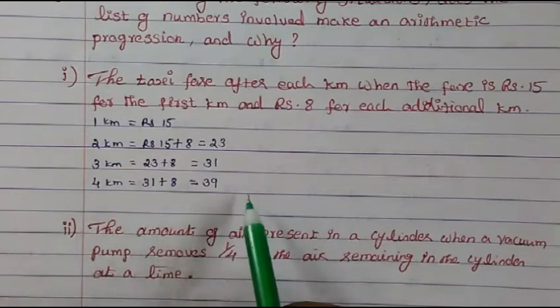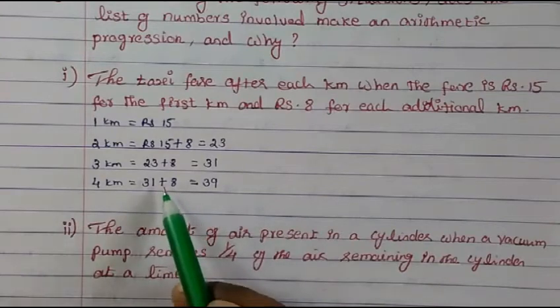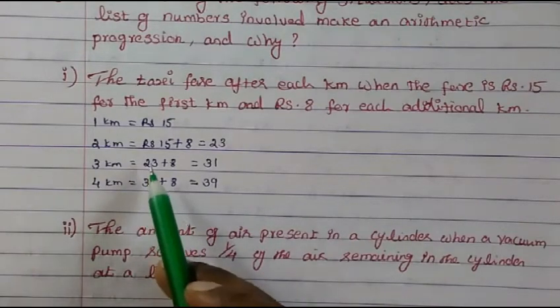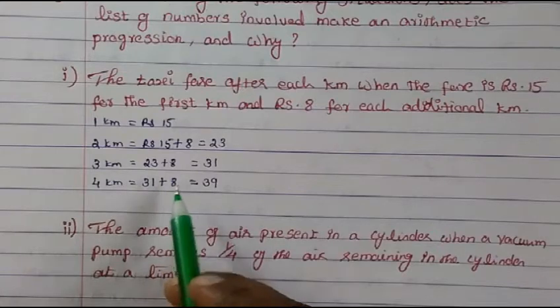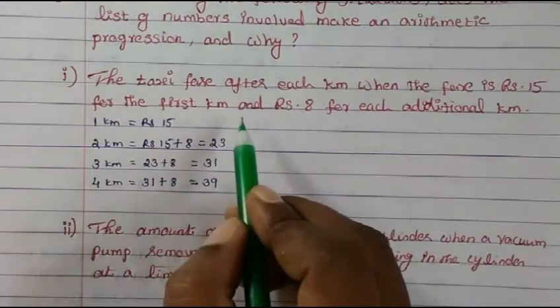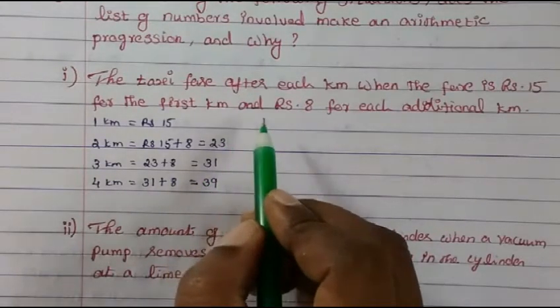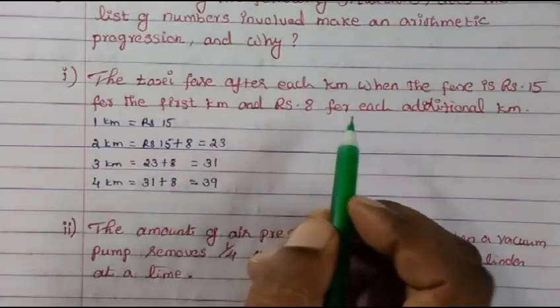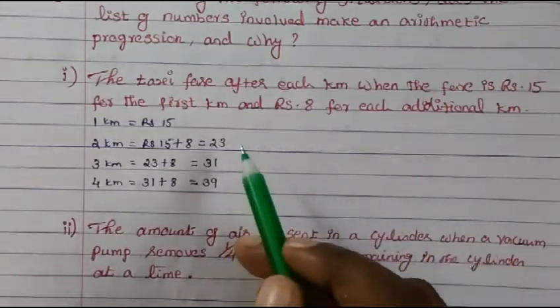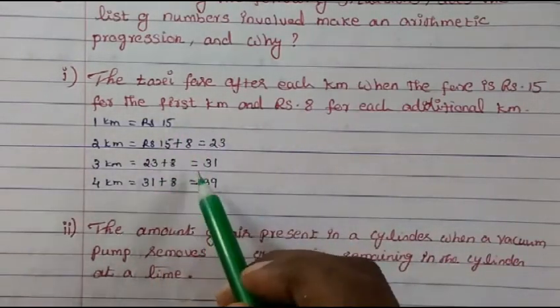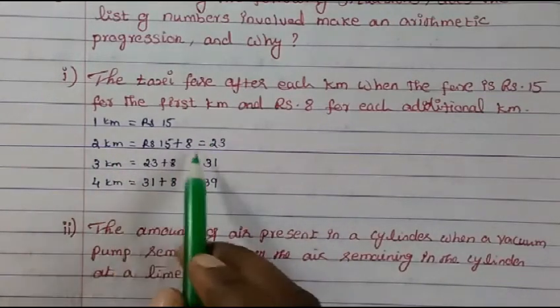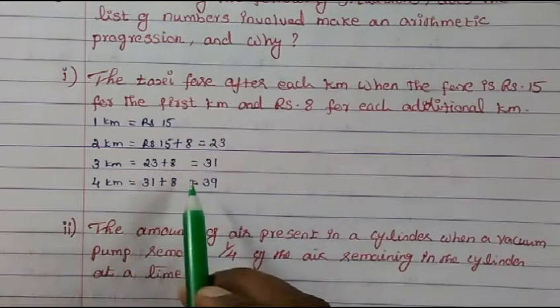So each kilometer 8 rupees is added to the amount. You can do it this way, or you can also use the other formula, that is a plus d and a plus 2d. That also you can add and find out.